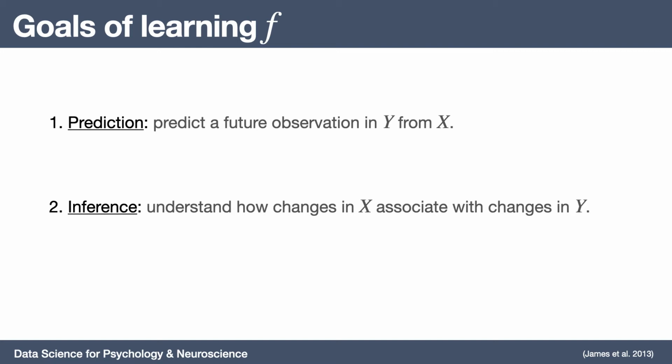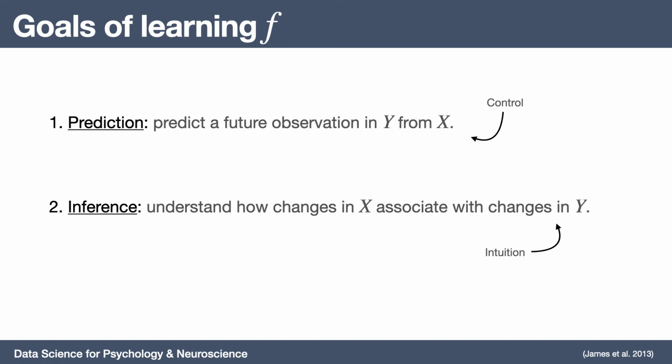The first concept, prediction, rests on the issue of control. You want to be able to take in new inputs, x, that you haven't seen, and have some control of your understanding of y. Whereas the goal of inference is to gain an intuition or understanding of the relationship between x and y. Now, these are closely related to each other, and you'll see that we can often go back and forth between asking an inference question or asking a prediction question.